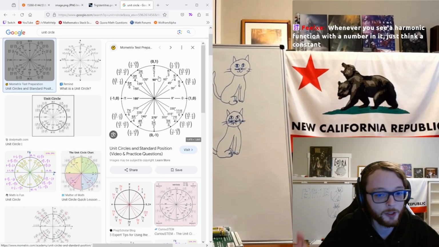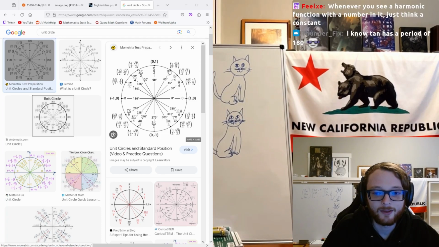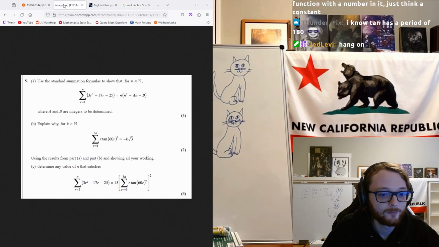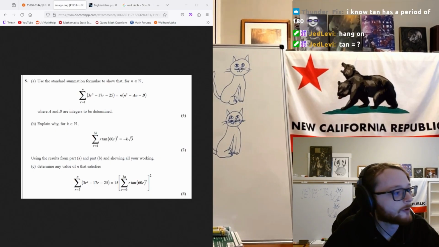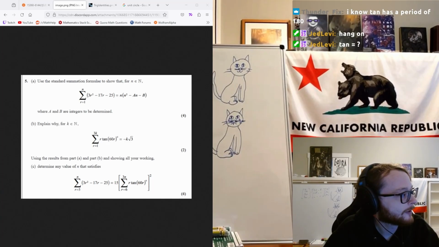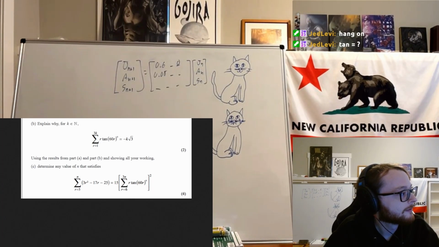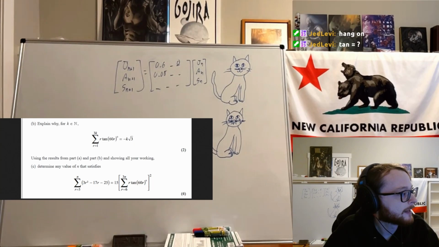It has period 180, good. And when r equals 2, tangent of 120 is root 3 over 2 over minus 1/2, which is minus root 3. So let's compute some values to observe what the pattern is.